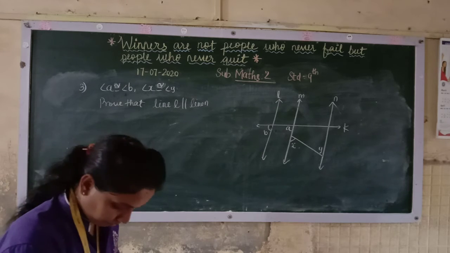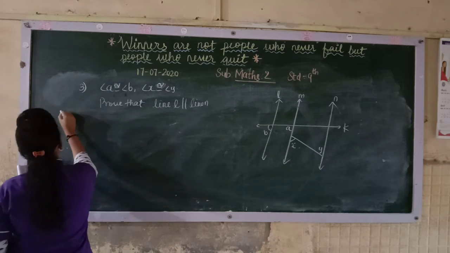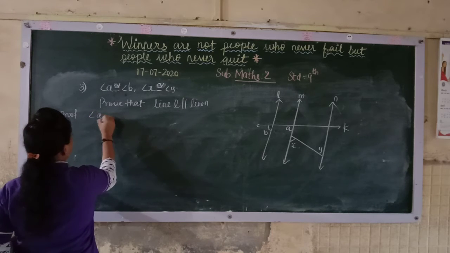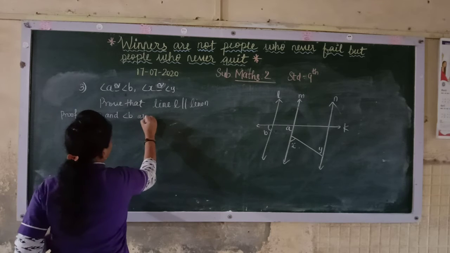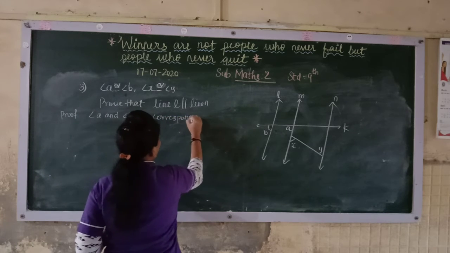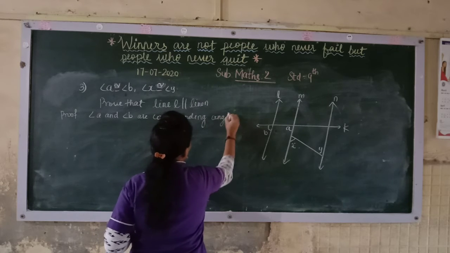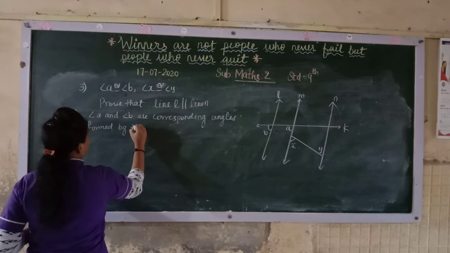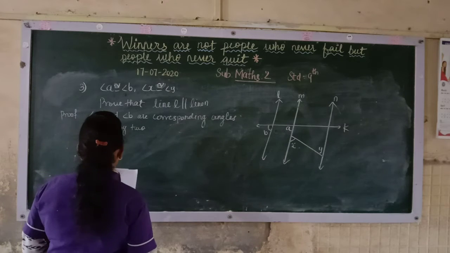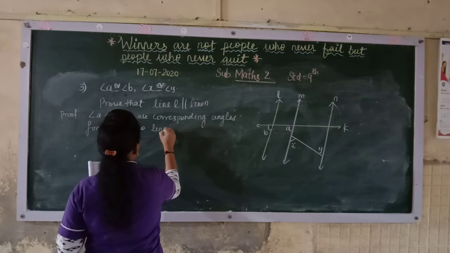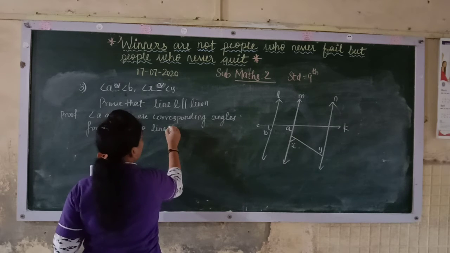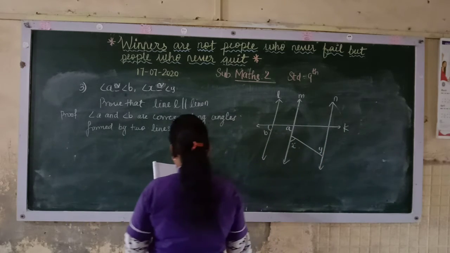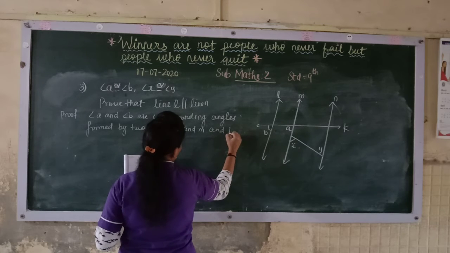So we write this. For the proof you will write down: angle A and angle B are corresponding angles formed by two parallel lines, which are the lines L and M, and K is the transversal.